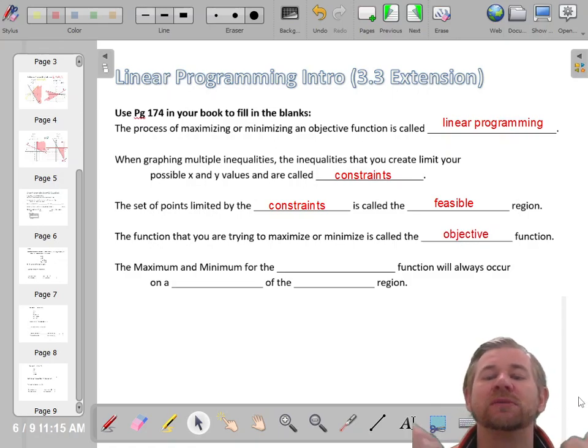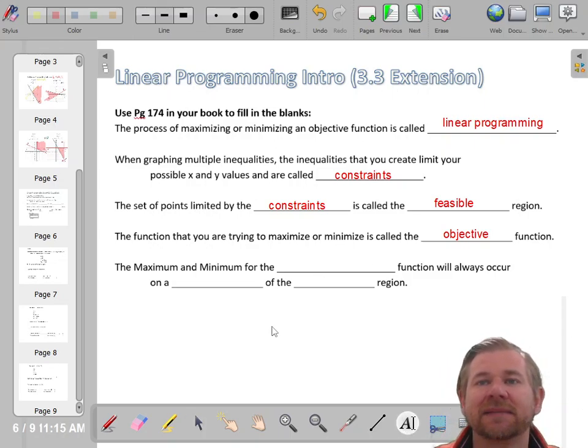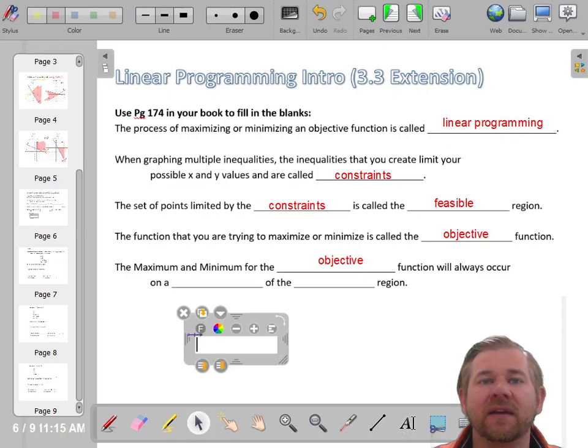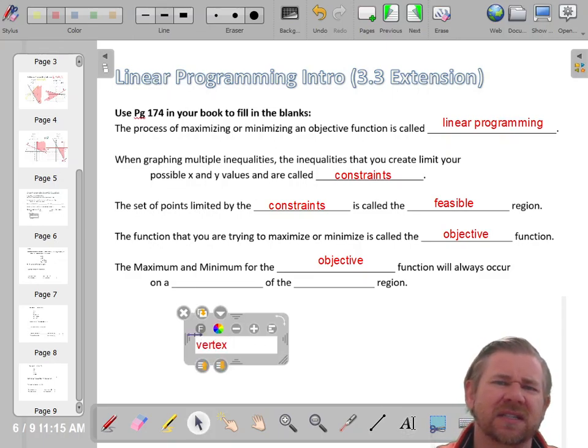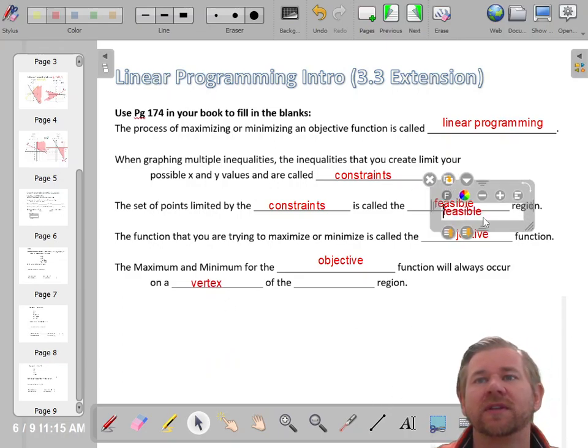How do we make the most money? So we're trying to figure out how to maximize something that is independent of the constraints. And the maximum and minimum for the objective function will always occur on a vertex of the feasible region.